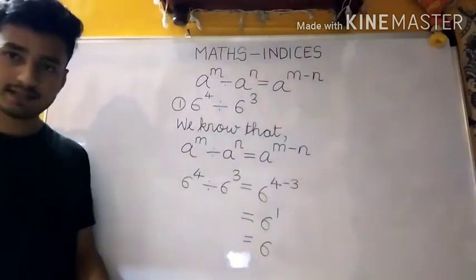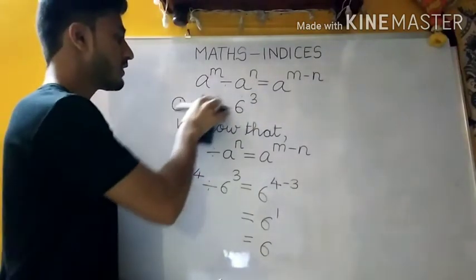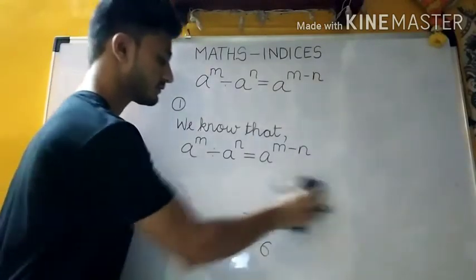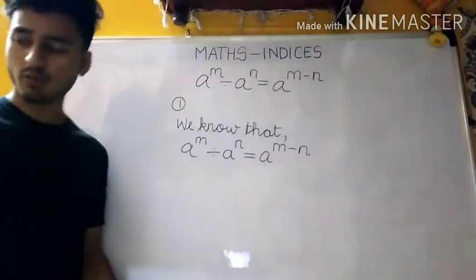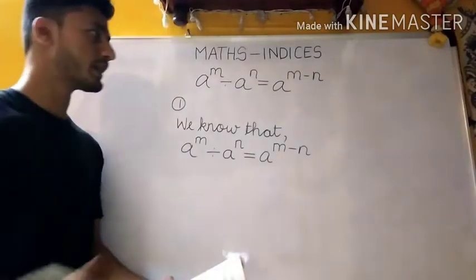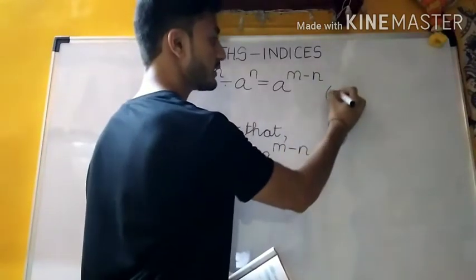Now the second case. In this case we observe that m is a smaller number and n is a bigger number. I'll write it in brackets here so that you will understand.